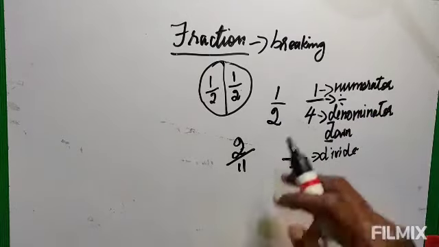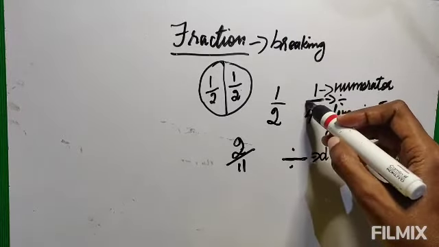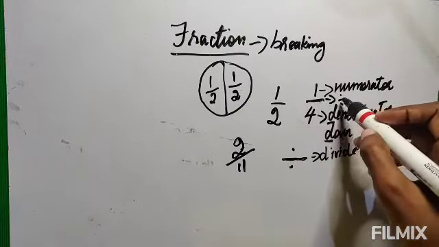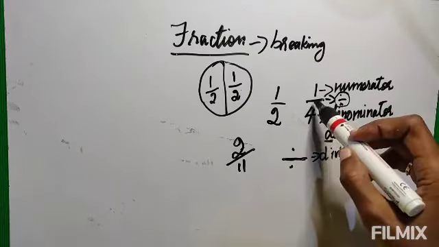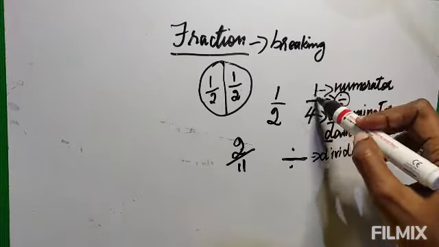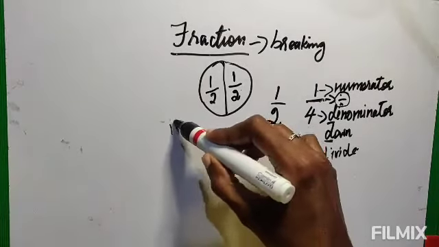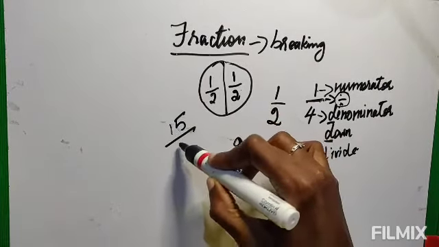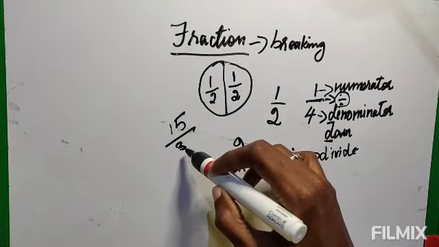So 1 by 4, we pronounce it as by, but actually the operation done here is division. That means we are dividing 1 by 4. Suppose if it is 15 on top and 3 down, it means 15 we are dividing by 3.